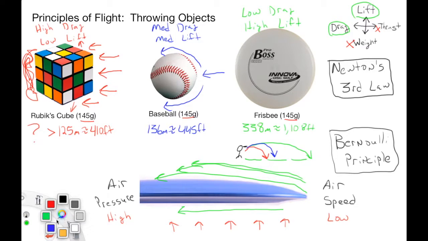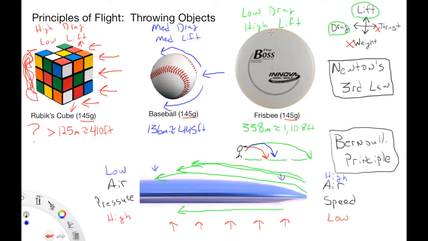That's creating a little amount of downward force, but not nearly the same. So that means that the airspeed is very high, and that results in a very low pocket of air pressure. So you see, because of the Bernoulli Principle, the Frisbee has the highest amount of lift.